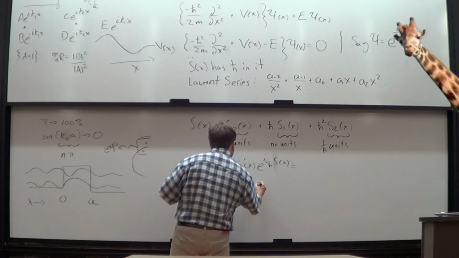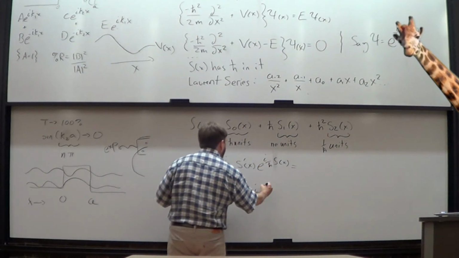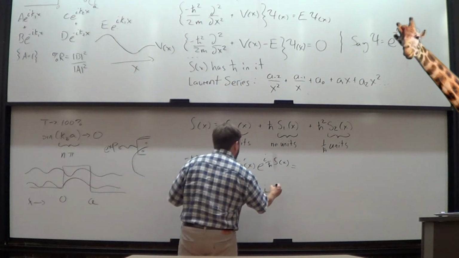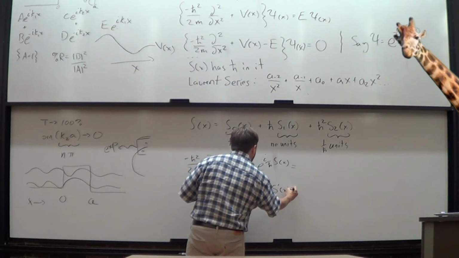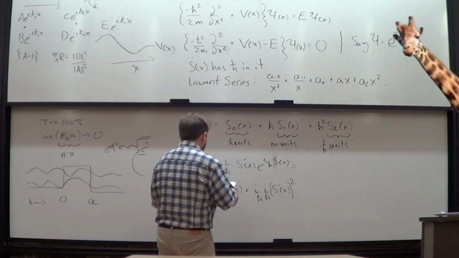Now, I've got I over H bar. I'm going to leave that derivative alone and do that again. Well, that brings down another I over H bar, and another derivative of the function s of x. So that's now squared.